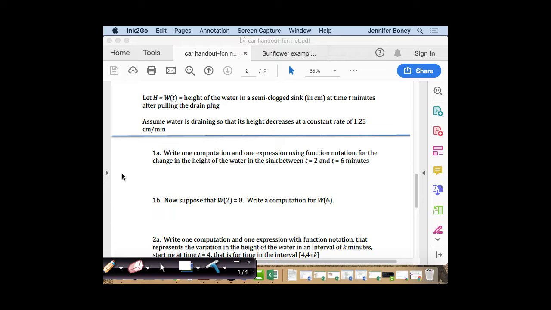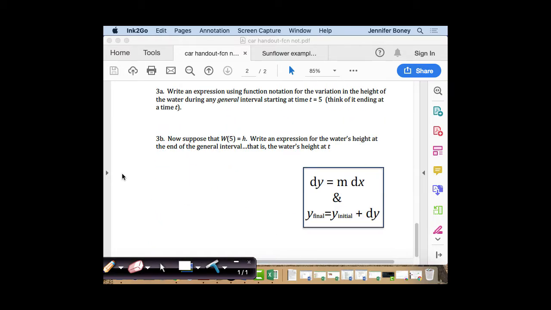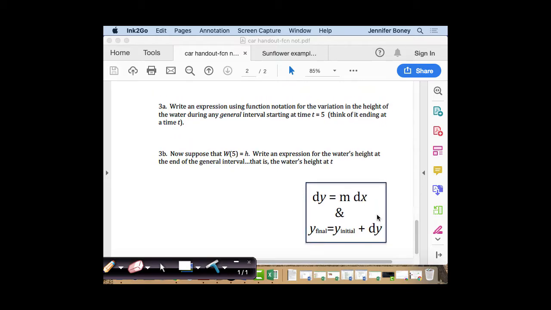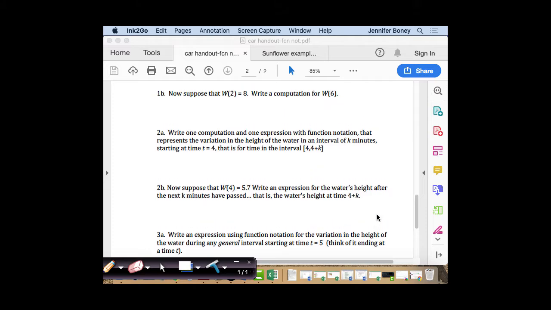So I believe, did I put those at the bottom of the page? Yeah, that's at the bottom of the page, those relationships. So this dy, since it's also m dx in a constant rate of change relationship, you can replace as y final as y initial plus m dx if you want. So keeping that in mind.